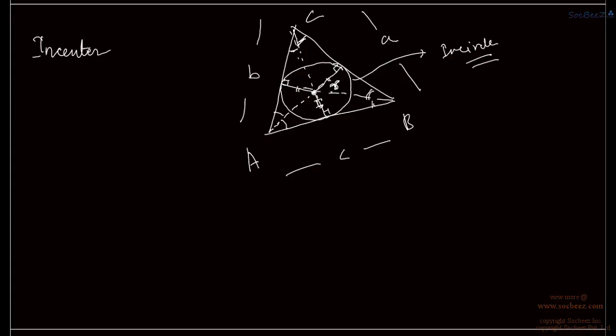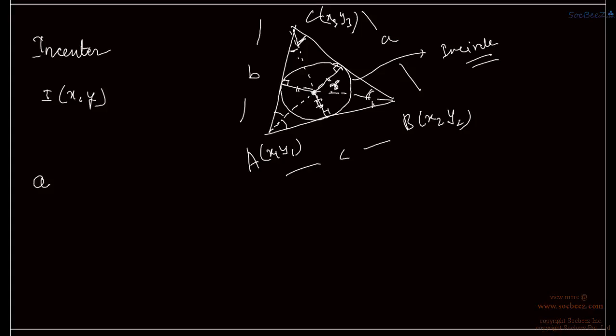If we want to calculate the coordinates of the incenter I, say (x, y), the coordinates of I can be written in terms of the coordinates of the points A, B, C, that is x1 y1, x2 y2, x3 y3, and the lengths of the sides.